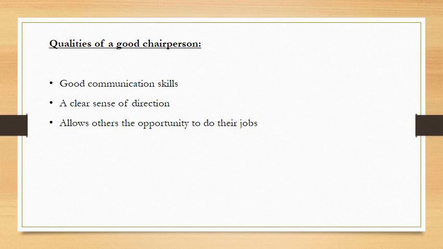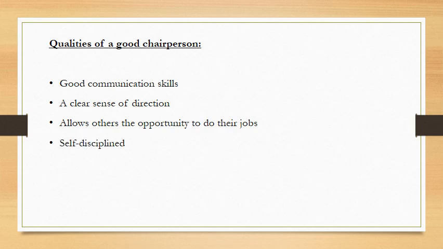A good chairperson succeeds in letting other people do what they are supposed to do without constantly interfering or telling them what to do. A good chairperson shouldn't be like that.